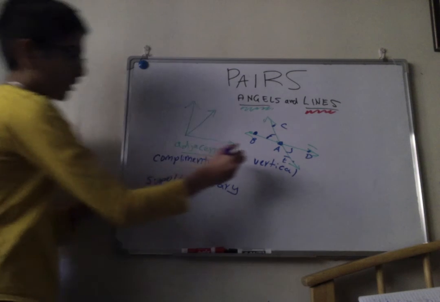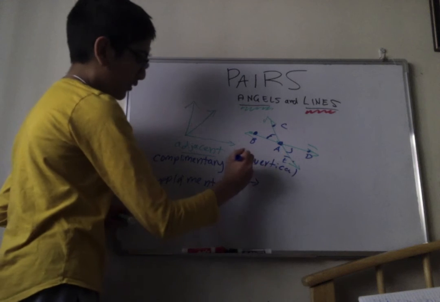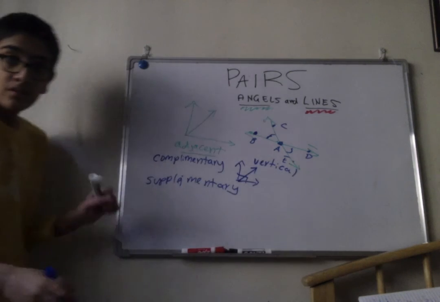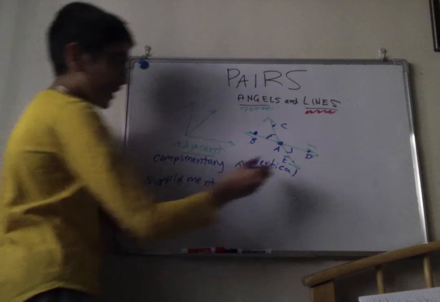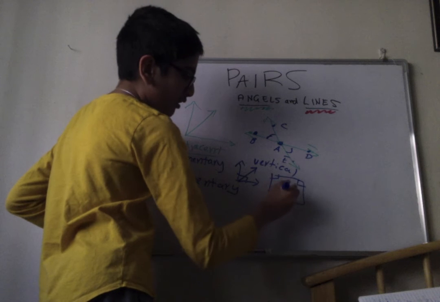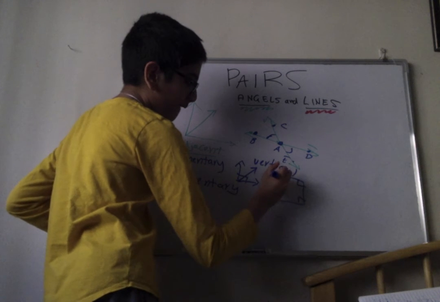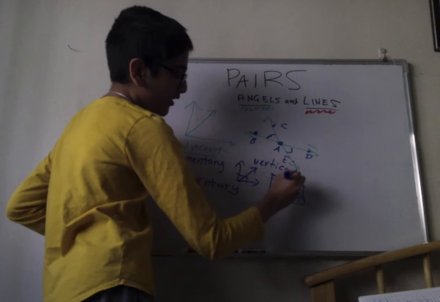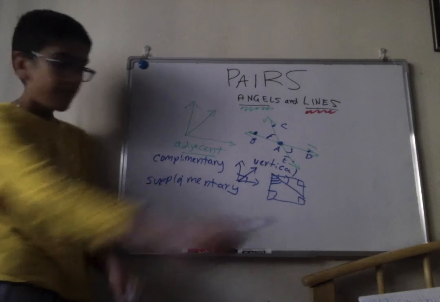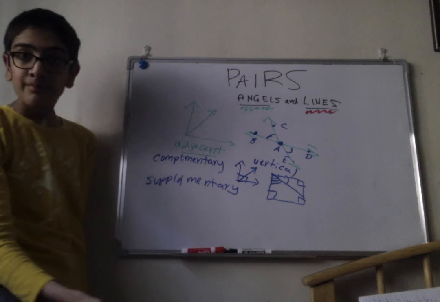Complementary is 2 angles that when added up form a right angle. So if you have a square where all the angles are right and you draw a line into it, then these 2 angles over here, the ones I've labeled, they would be considered complementary.